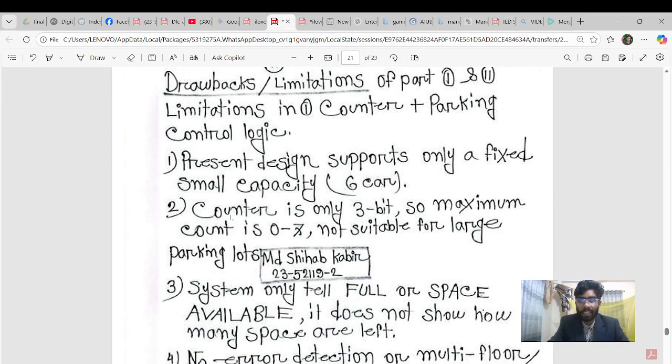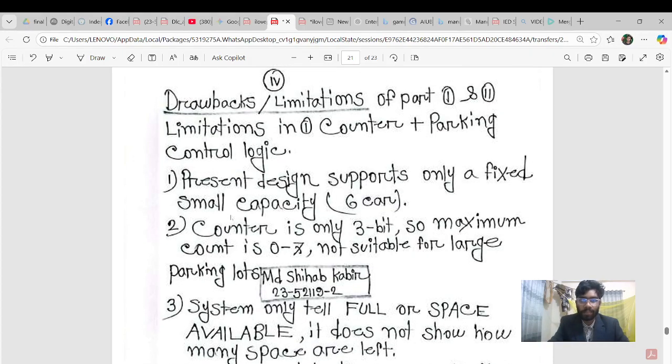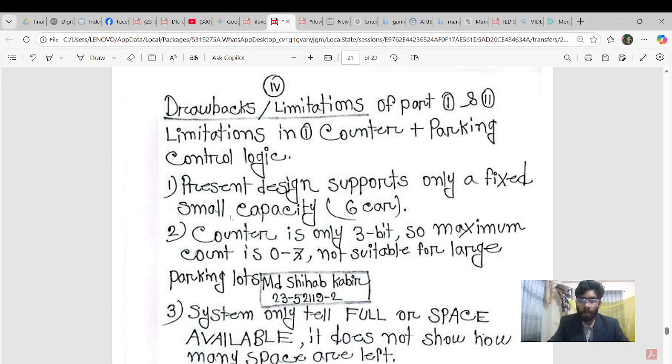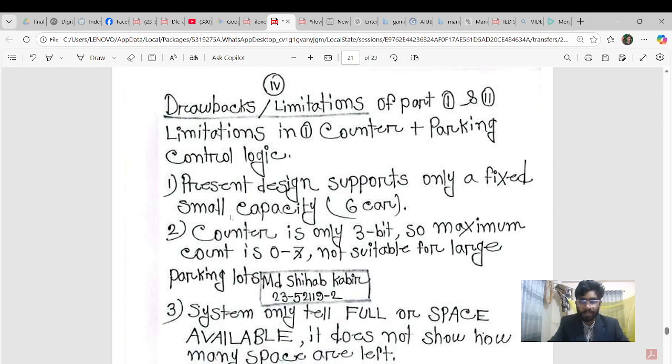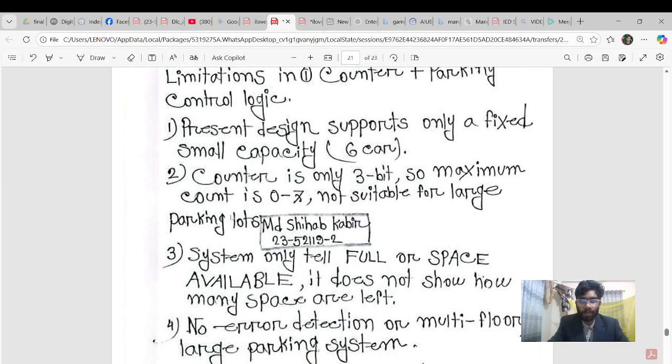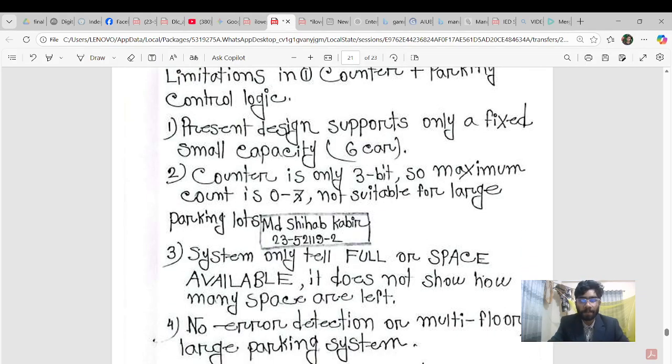Lastly, I elaborately discuss the drawbacks or limitations of part 1 and part 2. For the counter plus parking control logic: 1. The present design supports only a fixed small capacity, that means 6 cars.